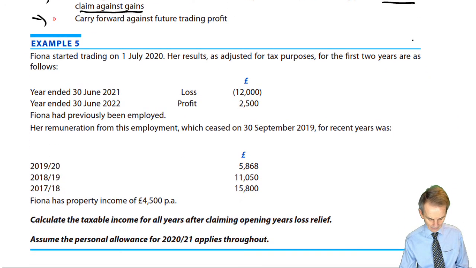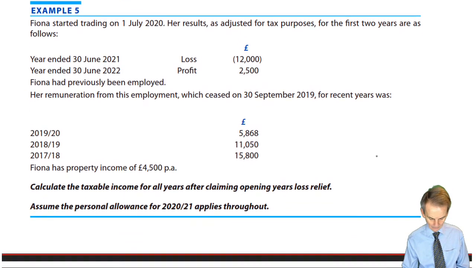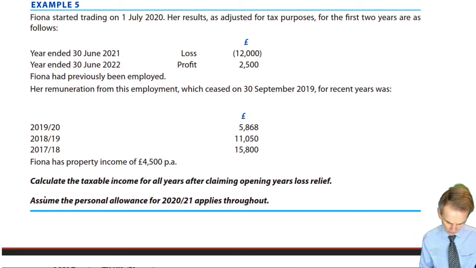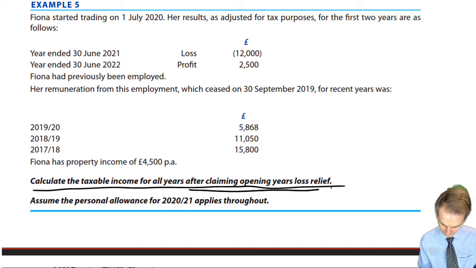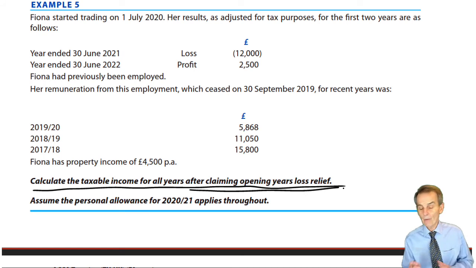You now have a little example to have a go at. What have you got to do? Calculate the taxable income for all years after claiming opening year's loss relief. A very specific instruction, as here you are going to apply opening year's loss relief.